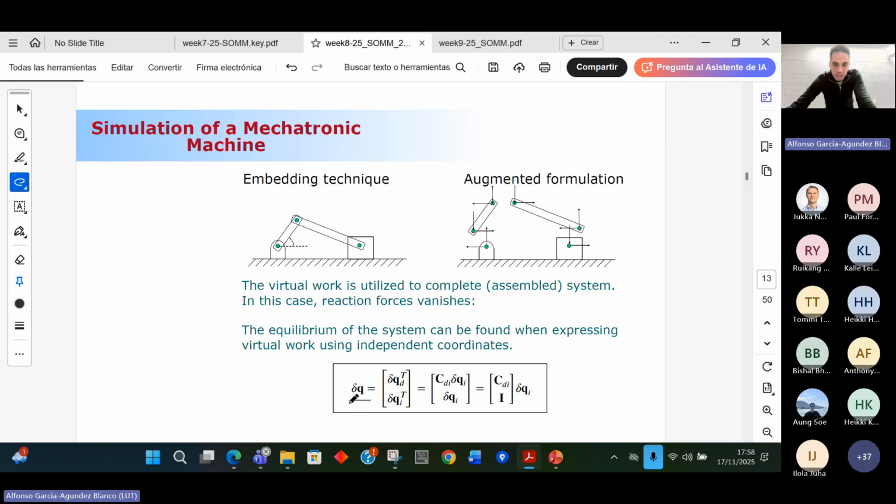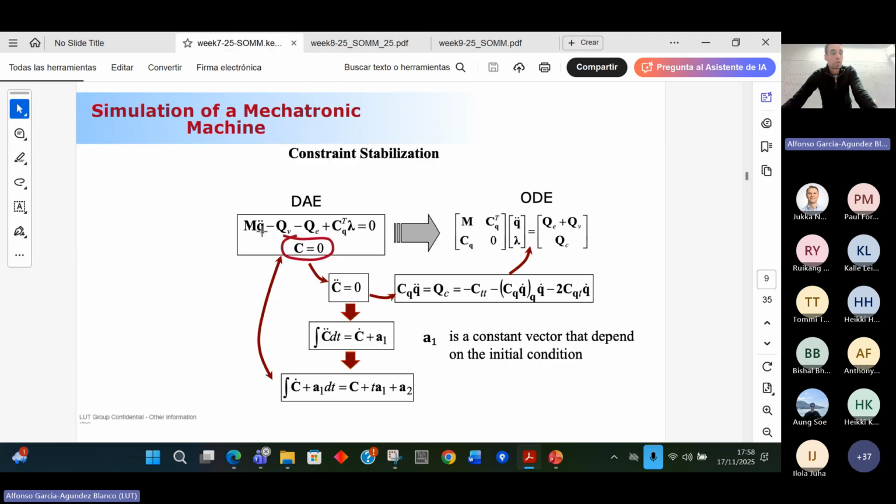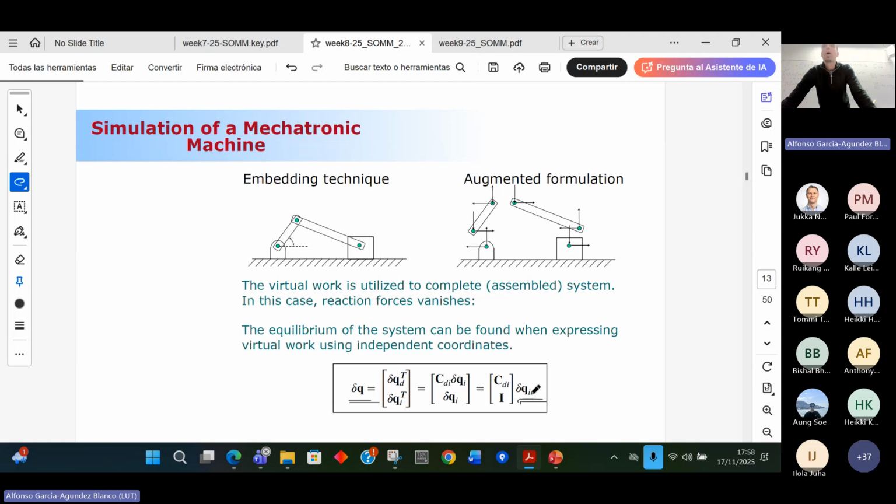And this is the relation between the delta Q, the total number of coordinates, and the independent coordinates, okay? So just to summarize, please, could you reply to this question? The number of independent coordinates is equal to what? Number of degrees of freedom of the system. So I'm reducing the number of equations. And now my differential equations, instead of having the Q double dot, I want to write them in terms of the QI.